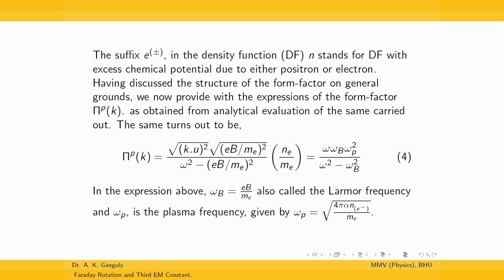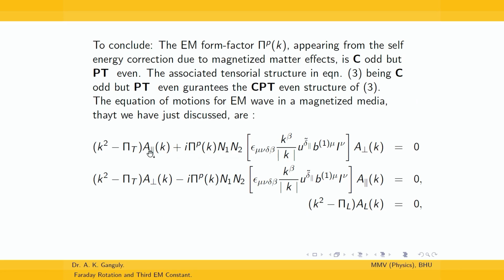in the non-relativistic limit assumes the form that I have given in 4, where omega b is the Larmor frequency, or cyclotron frequency, given by e B by the mass of the electron, and omega p squared is the plasma frequency squared.